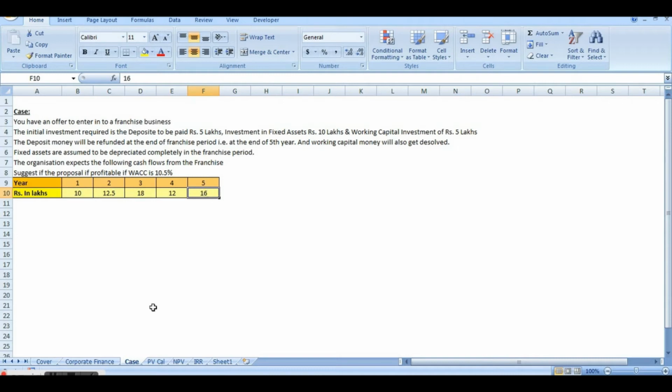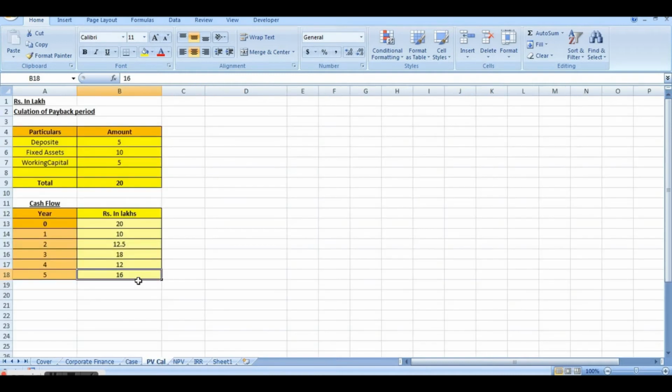In the case it is given 16, so we can add it here as 16 plus, you will get the deposit back of 5, or you can add it as this, plus the working capital. So it will be 26 lakhs.